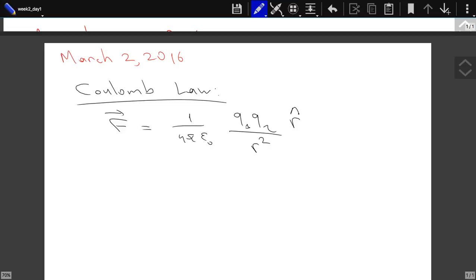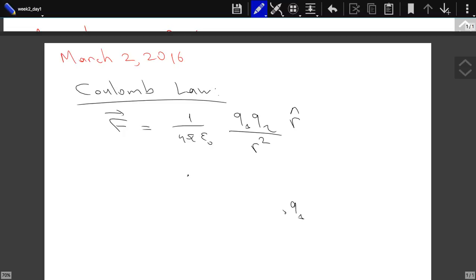Now it's important to keep in mind what this r refers to. Most of the time we use r to denote the position of an object relative to our reference point. In this equation, r is not the position of the object relative to our reference point, but r is a vector pointing from the charge that is exerting the force toward the charge that is feeling the force.